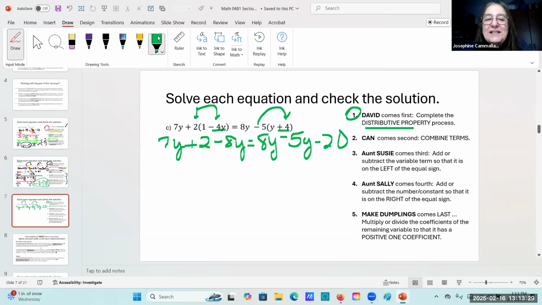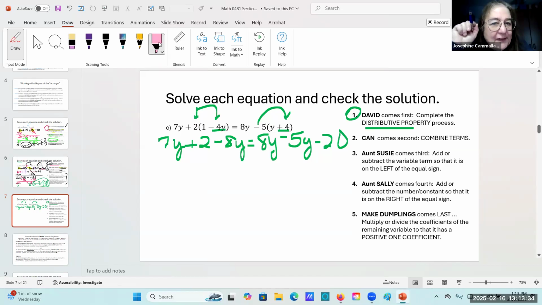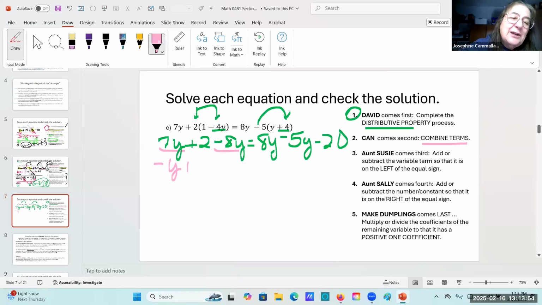Now, please, I know that you see a negative 8y on the left and a positive 8y. Do not cancel them out, because our next step is to combine terms, which means 7y and negative 8y are going to give me a negative y plus 2. On the right side, 8y minus 5y is 3y minus 20.